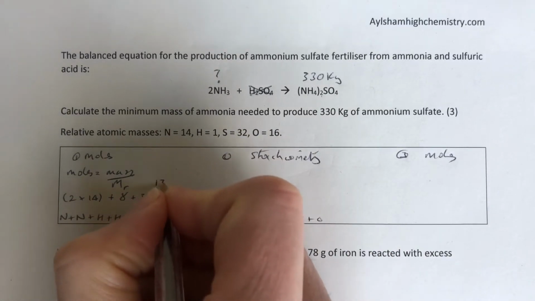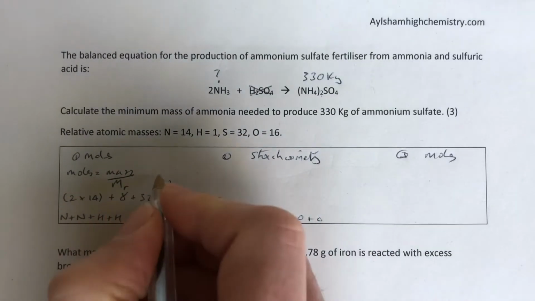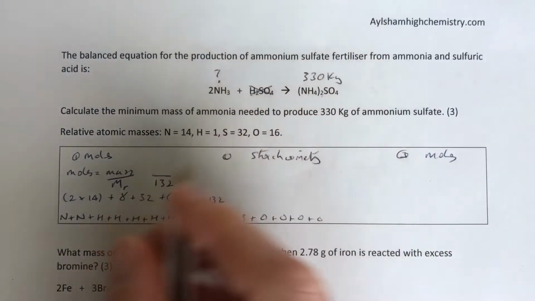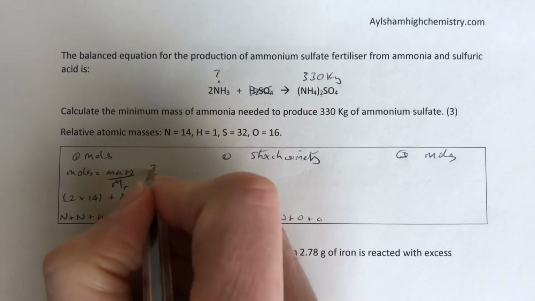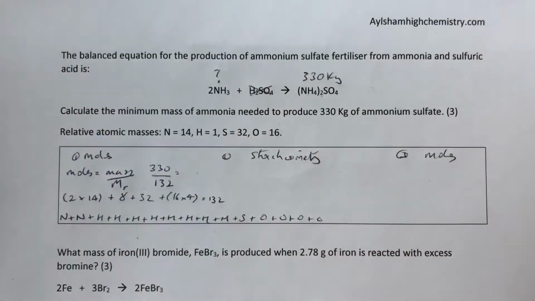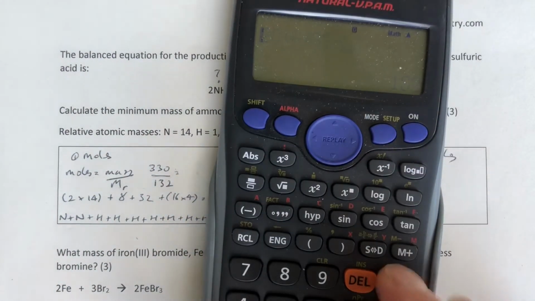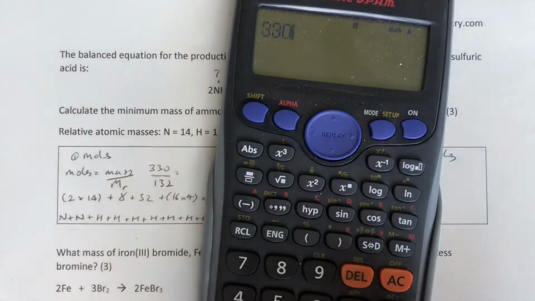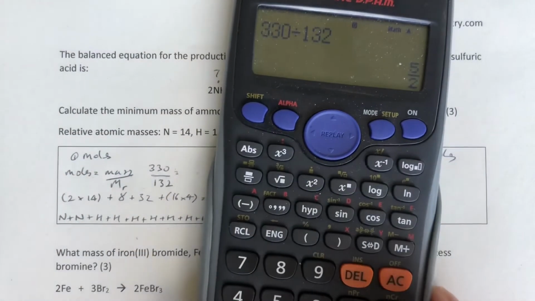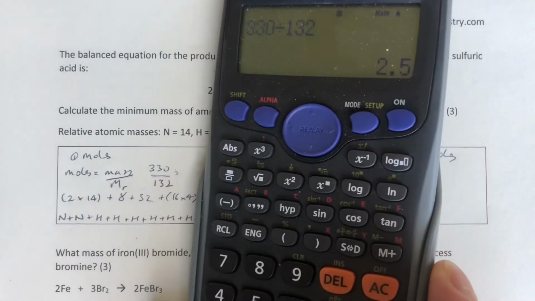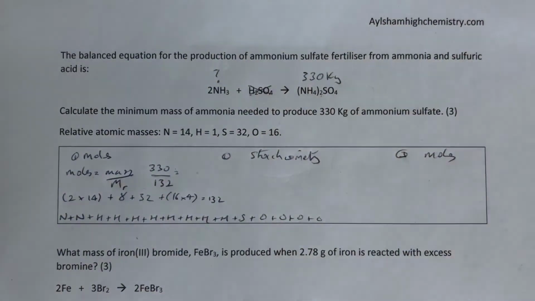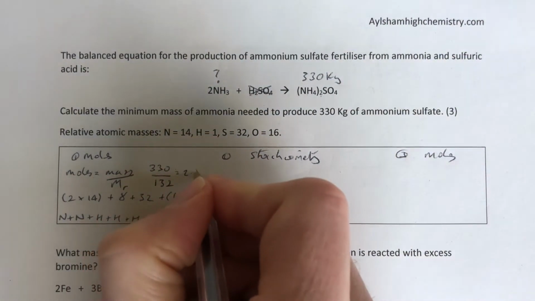Right, so 132 is our formula mass, our MR is 132. Our mass, 330 kilograms. So 330 divided by 132. Okay, that's telling us 2.5. So 2.5 moles.